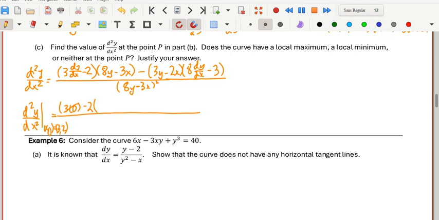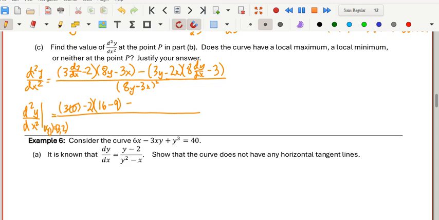So we've got negative 2 times the quantity 8 times 2, which is 16, minus 9, that's 8y, 16, minus 3x, 9.